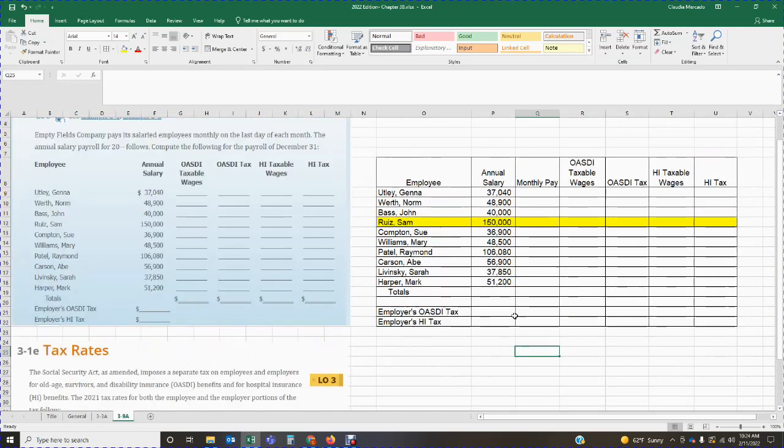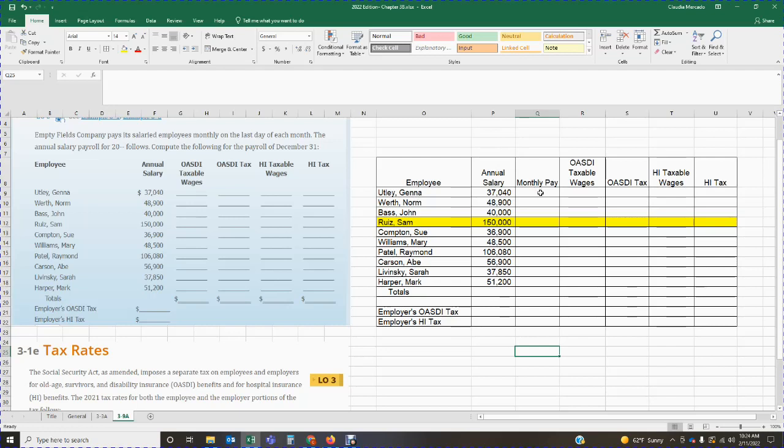So what does that tell me? That tells me that I don't have to calculate the year-to-date earnings for these employees because none of them are going over the cap. Whatever I calculate for the monthly pay is how much is going to be taxable.